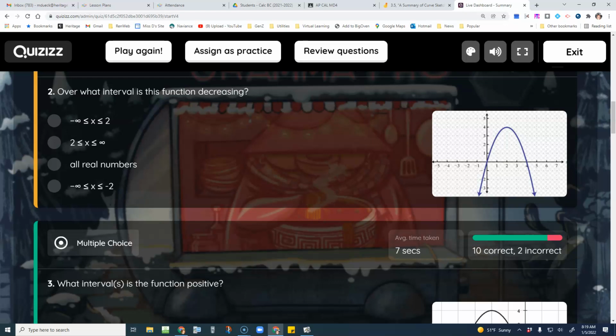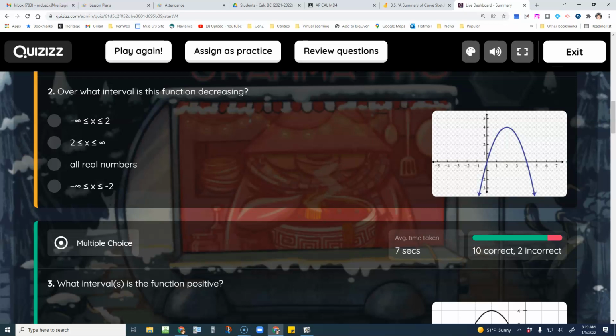All those tangent lines on any portion of a graph where the graph is decreasing, those tangent lines are negative. And what are the tangent lines where it might be going up? Positive. Positive tangent lines indicate upward movement. Negative tangent lines indicate downward movement.